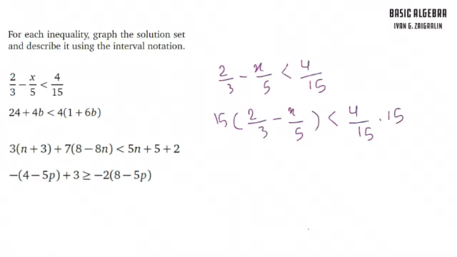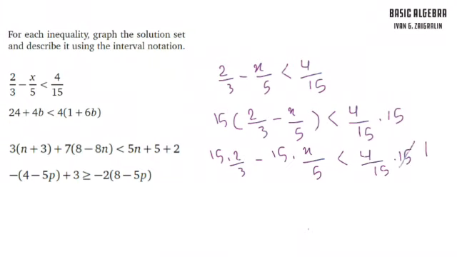So 15 times 2 over 3 minus 15 times x over 5 is less than 4 over 15 times 15.